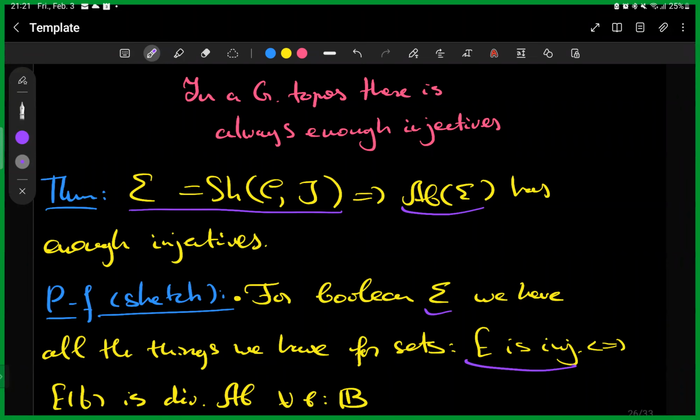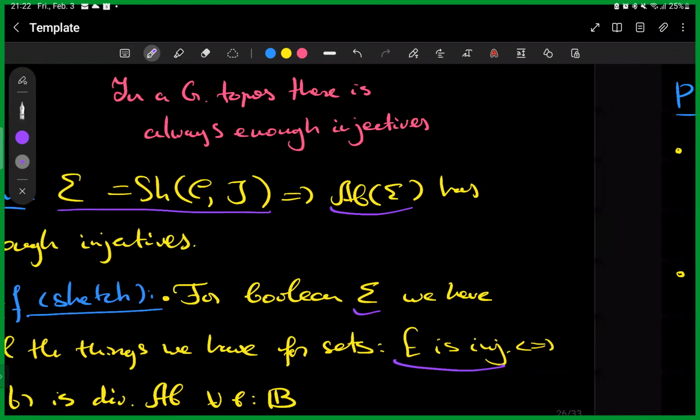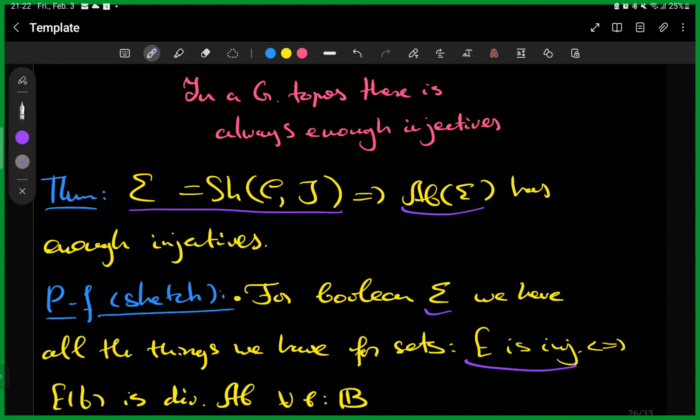Since we consider functors to sets, the values of E on individual objects are just abelian groups, and we have this equivalence. So an object is injective if and only if each of these individual values are divisible abelian groups. This is proved completely analogous to the case of sets.